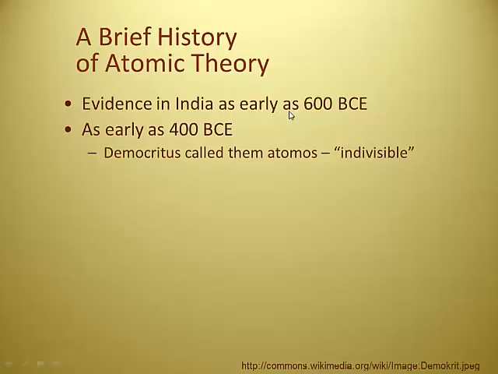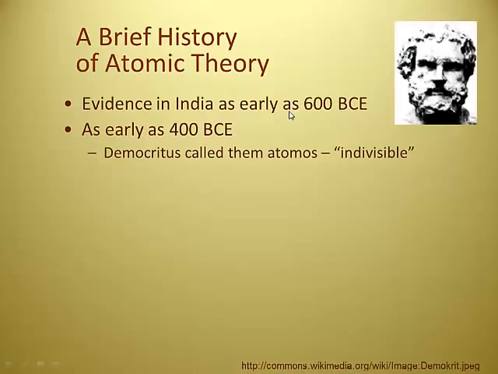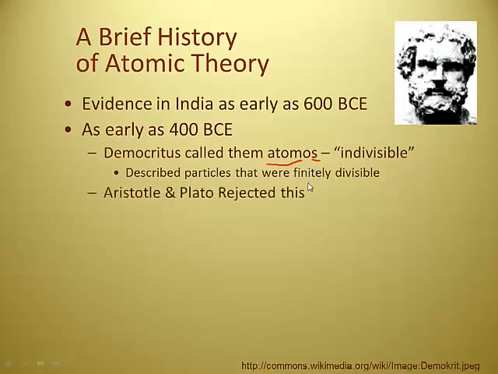He calls this idea atomos, which in Greek means indivisible. This is actually Democritus here. Basically he's the first person in the Western world that describes particles that are finitely divisible, which we now call atoms.